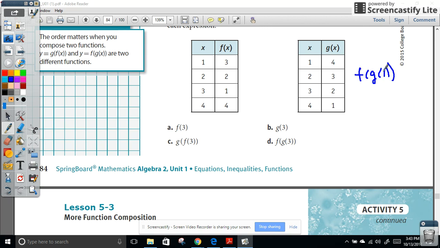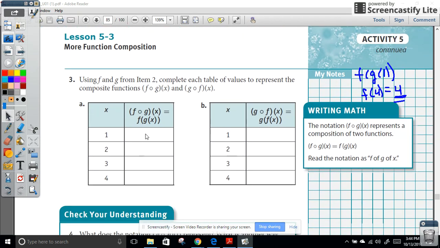So go to the g function. Here's the g function. Get the 1, plug the 1 in, get 4. So now they want us to find f of 4. So f of 4 is equal to 4. Okay, so that means that over there on that table, I have 1 in the x value, 4 is going to go in the y value.